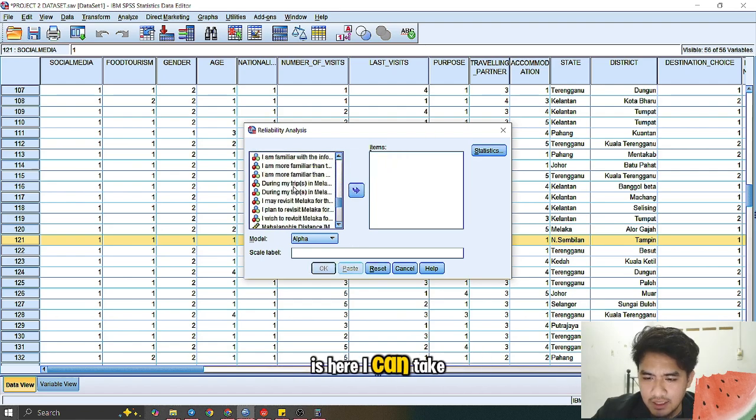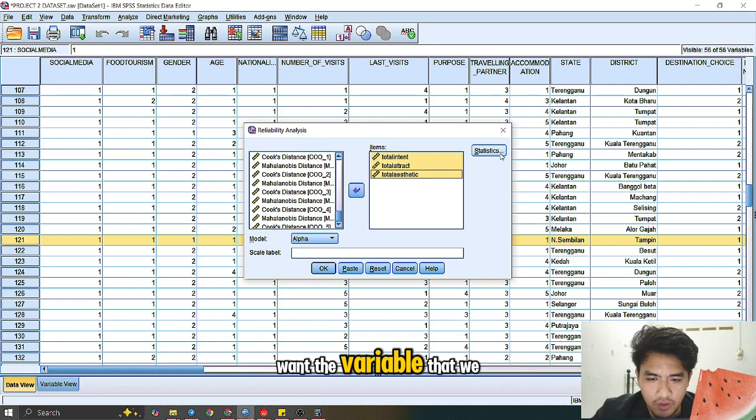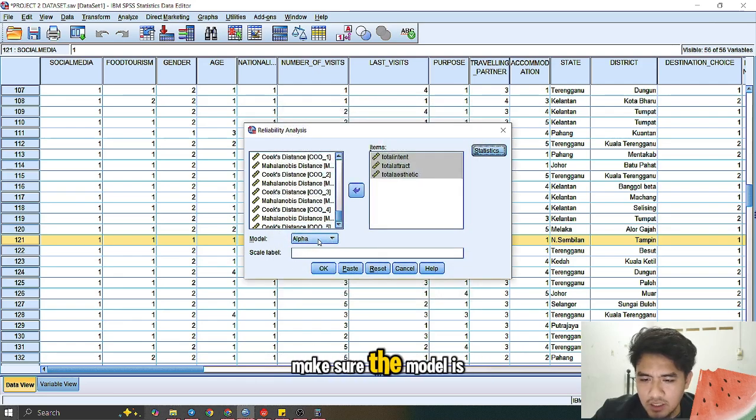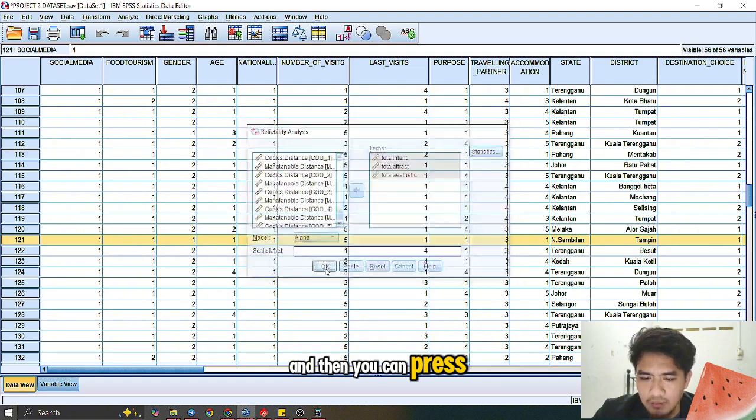Here I take total intent, total attract, and total aesthetic, and put them into the Items box. Go to Statistics, tick Item, Scale, and Scale if item deleted. Under Inter-Item, tick Correlations. Then continue. Make sure the model is Alpha, and then you can press OK.